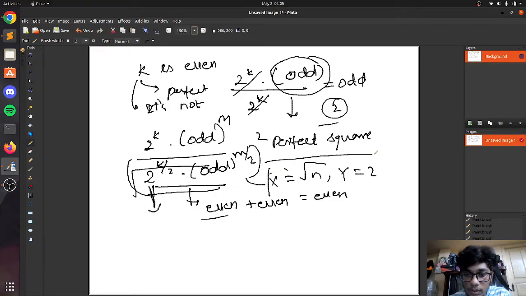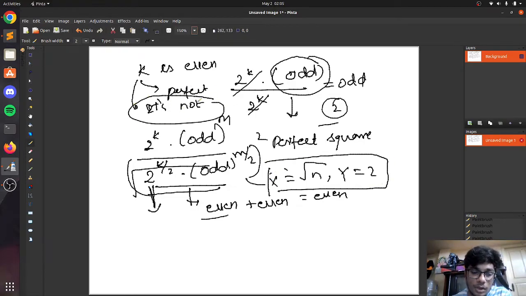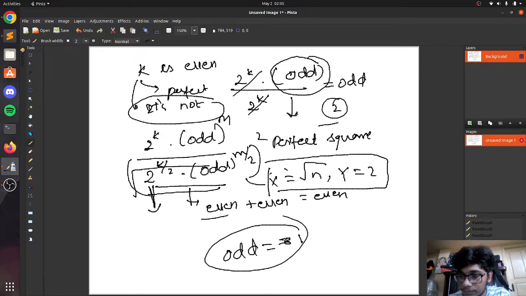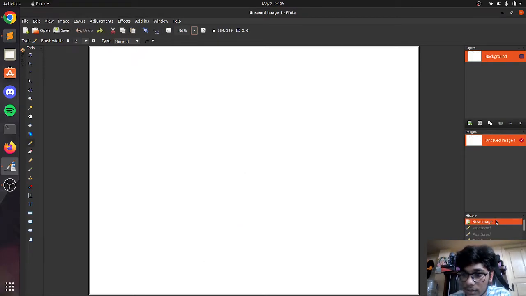So this is one way. And we have seen that if it's not a perfect square, then we have to remove that k, and the remaining odd, that is the same, it's only one way you can do that, odd into even. So I'm just finalizing what I have told before.